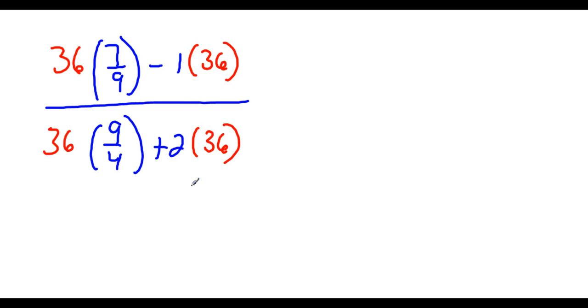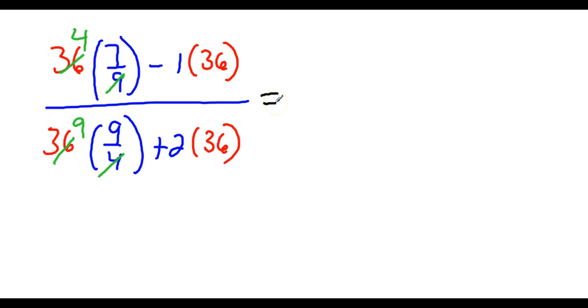So take the original fraction you had, this one had 4 different numbers in it. Take every single one of those numbers and multiply by the least common denominator. And when you do that, the fractions should cancel each other out. Because 9 will go into 36 4 times. For this one, 4 will go into 36 9 times.